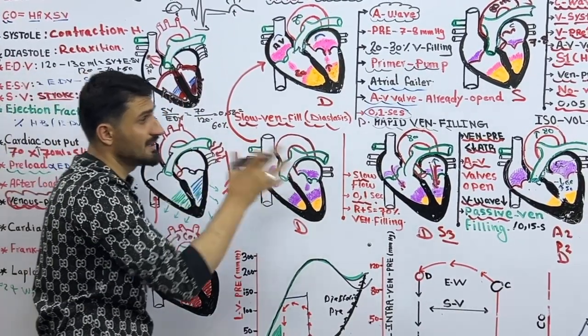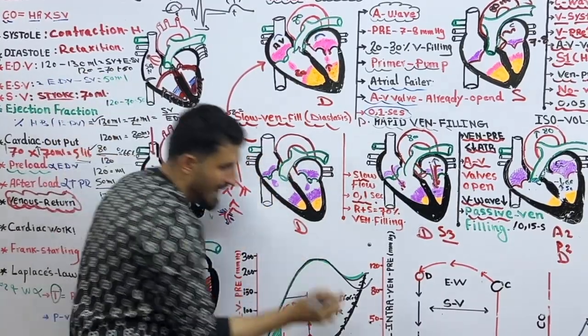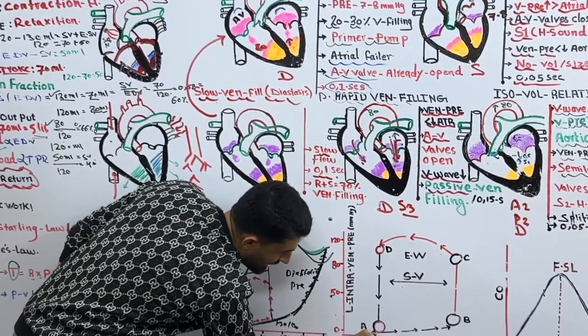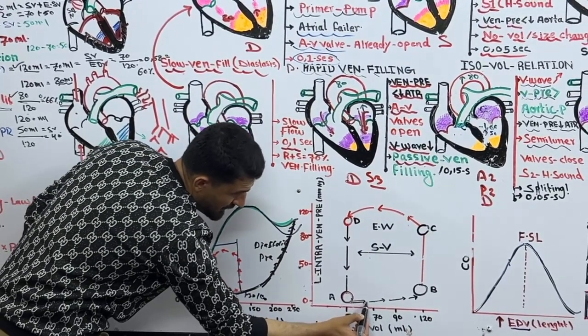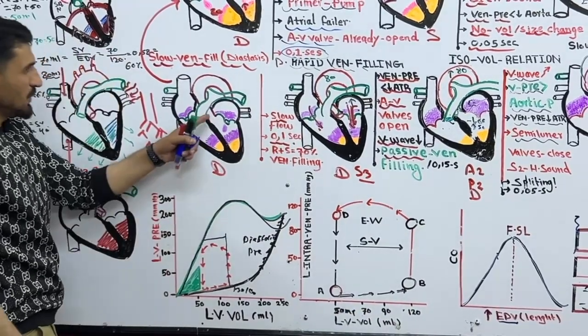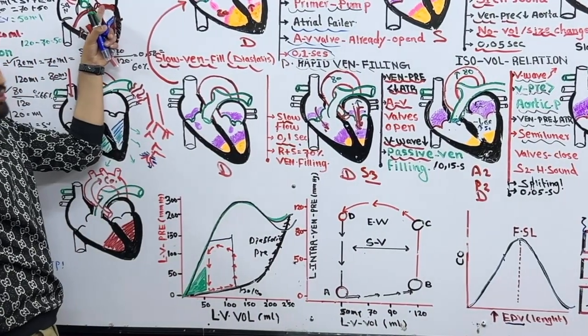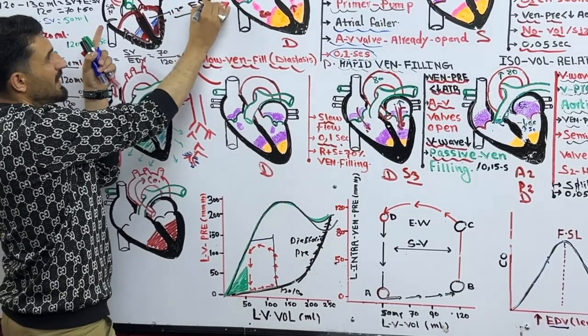So it means during diastole of the heart, the mitral valve is open. Now I'm going from 50 mL to 70, to 90, to 100, to 120 in all these phases. I reached 120 mL, which is called end diastolic volume.